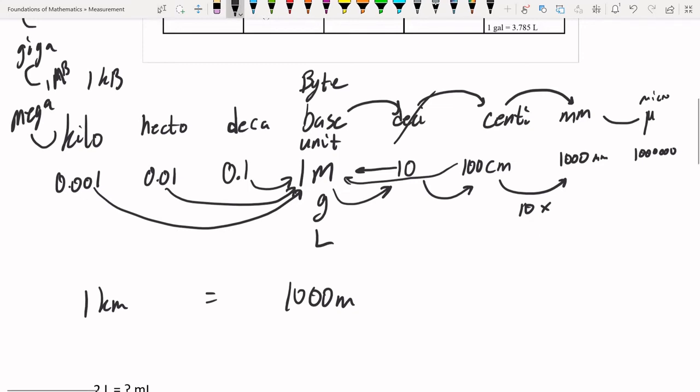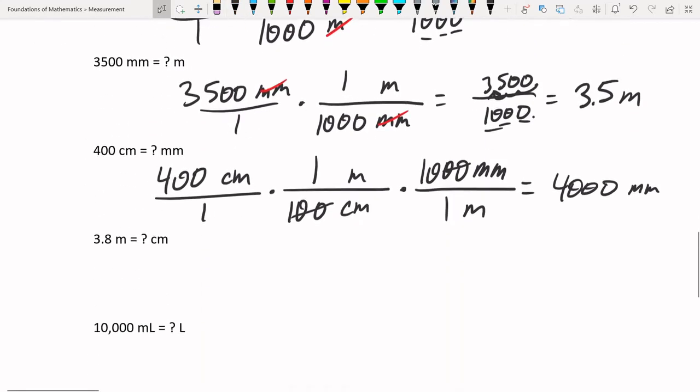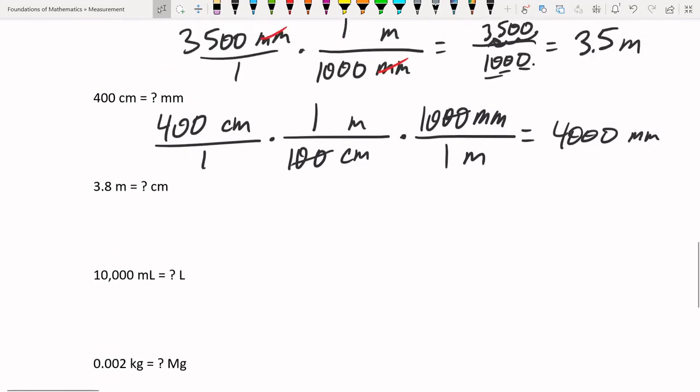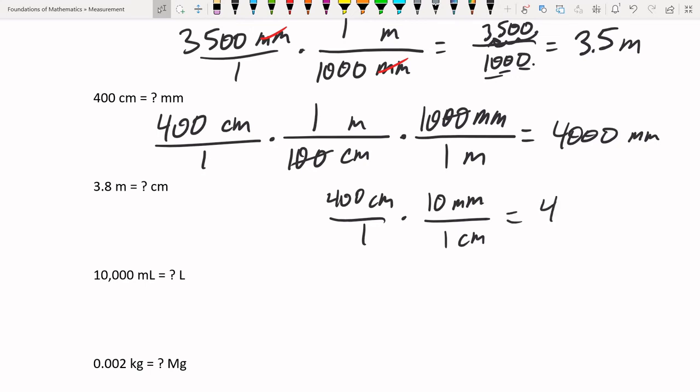And of course, you can also make steps differently. A decimeter is 100 times as big as a millimeter. So what we could have done here is said 400 centimeters. 1 centimeter is 10 times as big as a millimeter, and that will give you 4,000 millimeters.